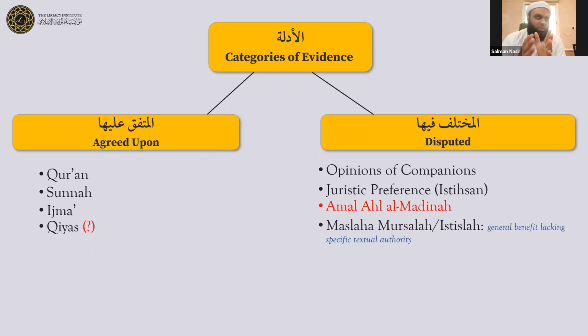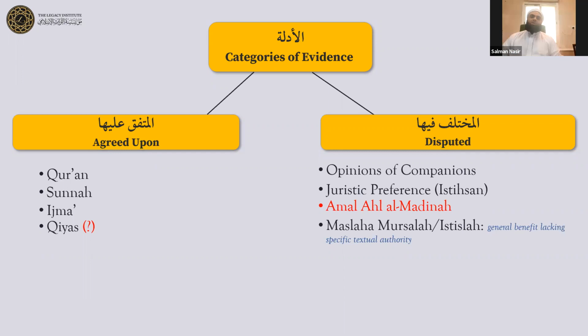The next topic that we have is Amal Ahl al-Madinah, or as it's sometimes known, Ijma Ahl al-Madinah. We saw that Imam al-Ghazali didn't list it amongst al-Adilla al-Mukhtalaf fiha.